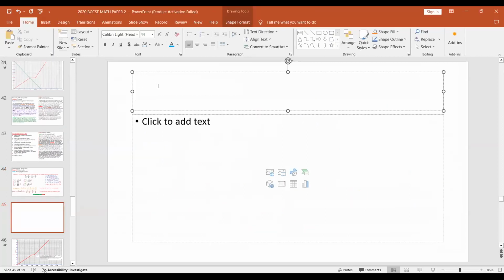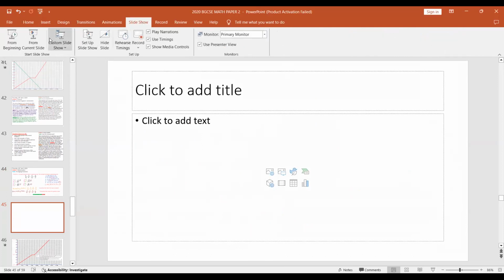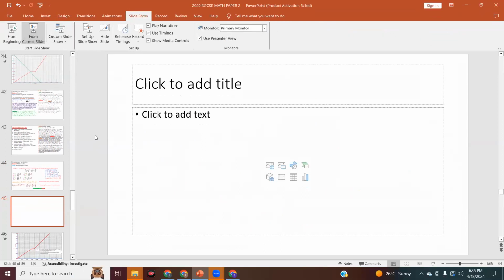So I'm just gonna say example number 2. Write the second example down for me. We're gonna say example number 2.